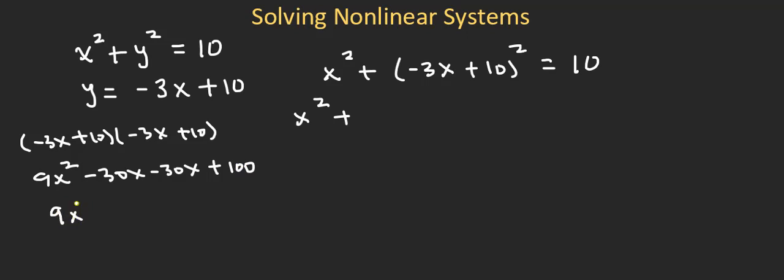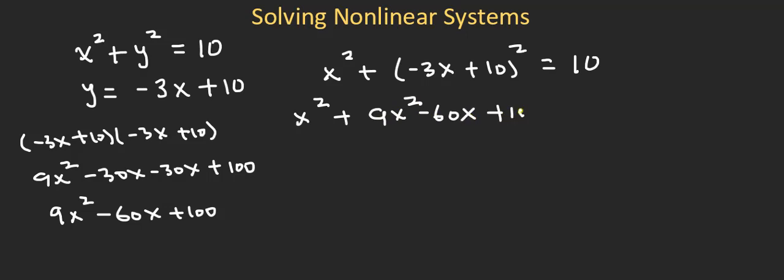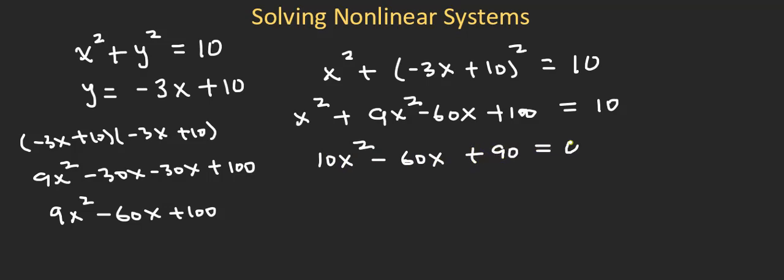So you end up getting 9x squared minus 60x plus 100 equals 10. So let's simplify it. You're going to get 10x squared minus 60x plus 90 equals 0. Oh, look at that. We could divide everything by 10. So let's divide everything by 10.